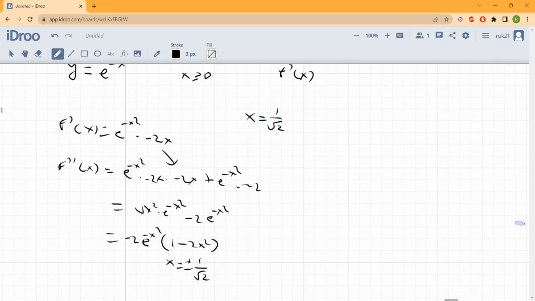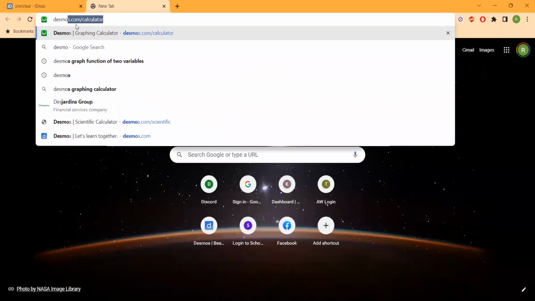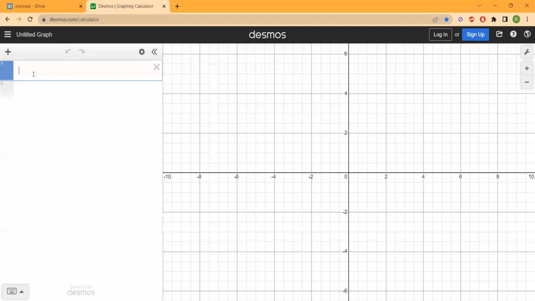And what that basically means in terms of our first derivative is, okay, here, let me show you on decimals, because I think that would be the best way to visualize this. So here we have our function, f of x is equal to e to the power of negative x squared. So there you go, this is our function.